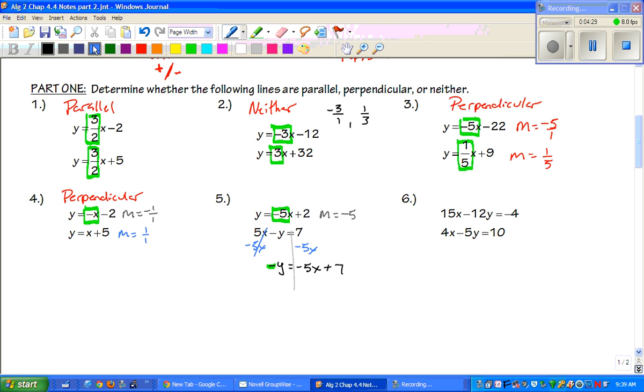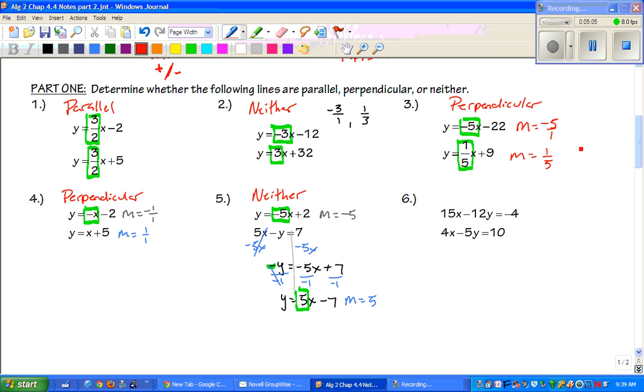We need to divide everything by -1, and we're left with y equals 5x minus 7. Our slope right here is m equals 5. So are those parallel? No. Are they perpendicular? No, so the correct answer is neither.